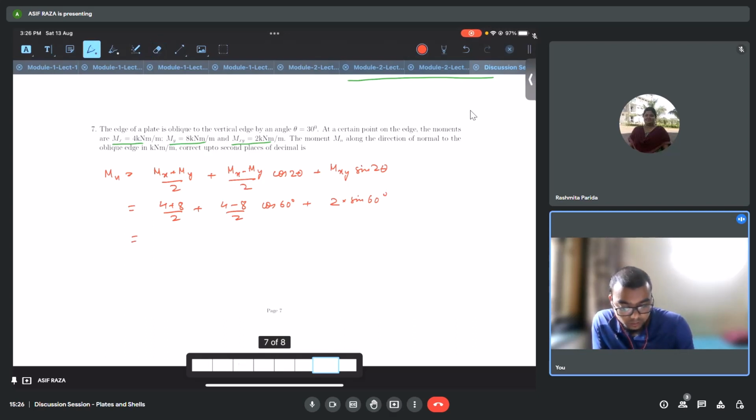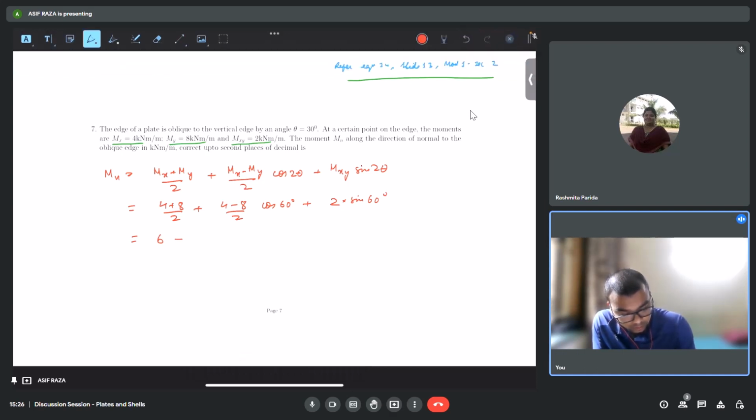Solving, 6 minus, this would be 4 minus 4, 2 into 1 by 2 plus 2 into root 3 by 2. So this gives me 6 minus 1 plus 1.73, 6.73 kilonewton per meter.